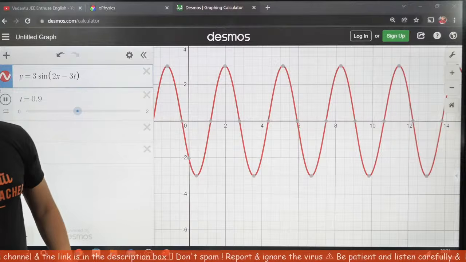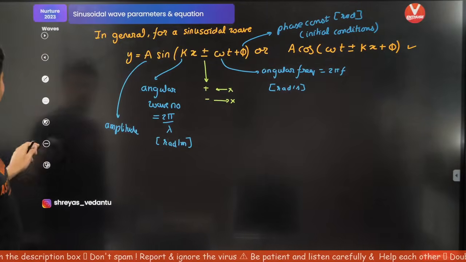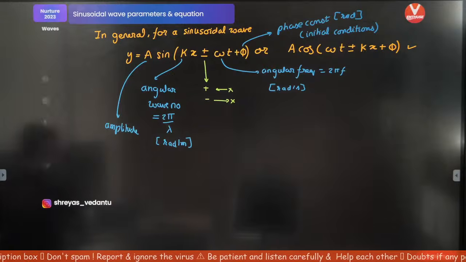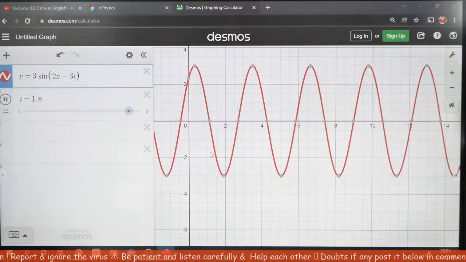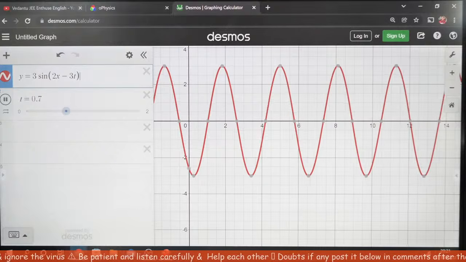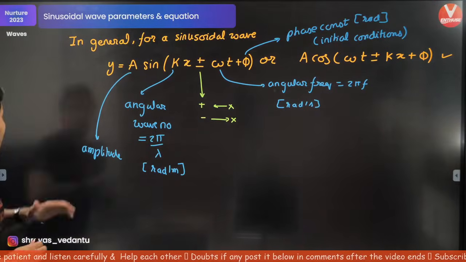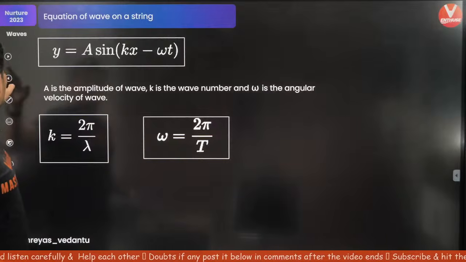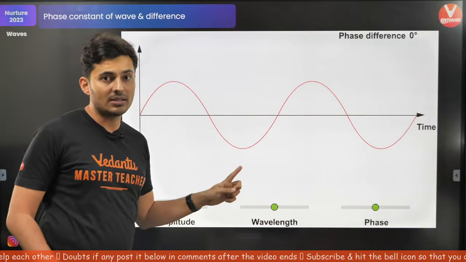So going back to these slides. All right, let's go back. Okay, 1 second, guys. Let me bring this back. Okay. Yep. So going back over here, what does phase do? Phase changes the initial condition.